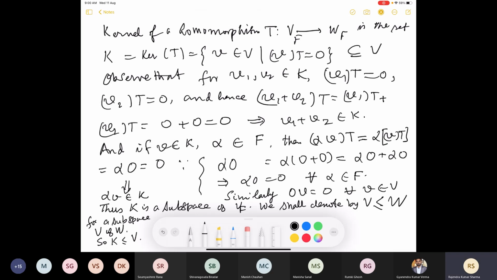Now one can easily establish that the kernel is 0 if and only if the map, the homomorphism, is 1 to 1. So you can prove that the kernel is 0 if and only if T is 1 to 1. So to prove a homomorphism is an isomorphism, either you prove that the homomorphism is 1 to 1 or you show that the kernel is 0.